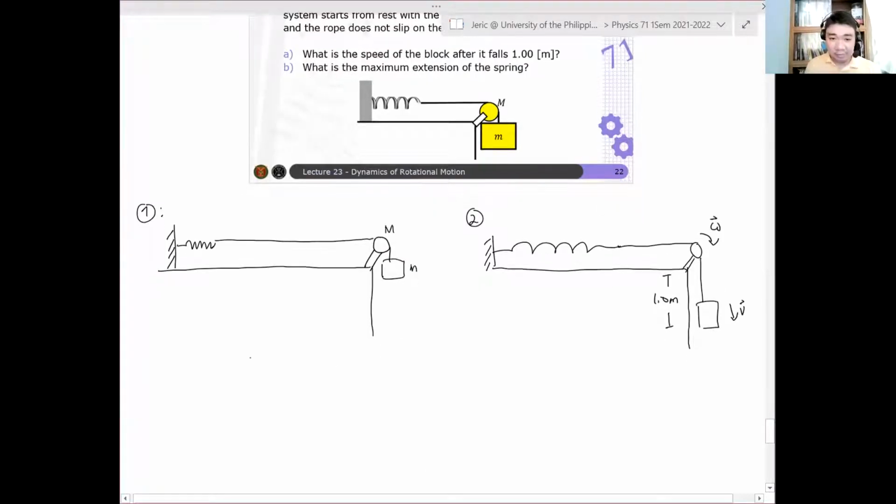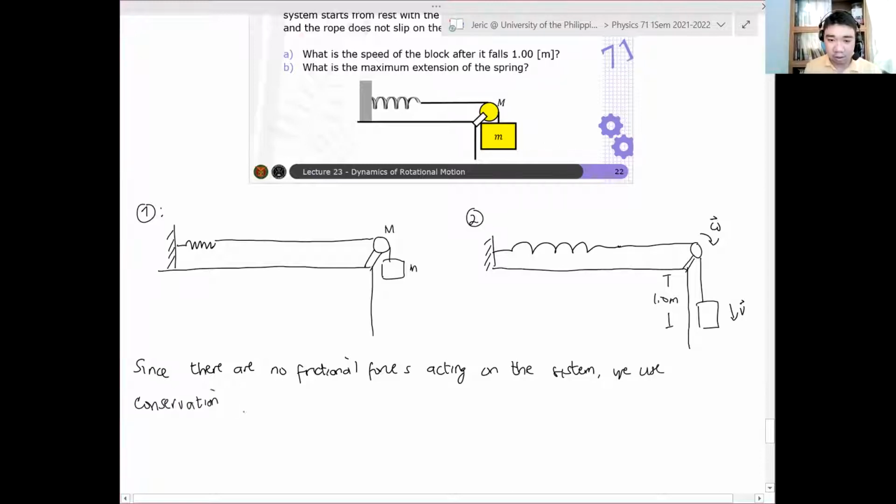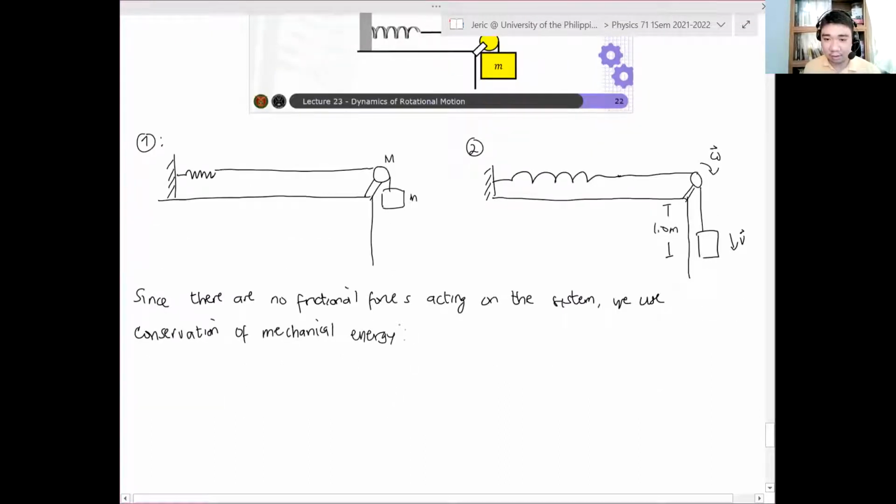So okay, again, since there are no frictional forces acting on the system, we use conservation of mechanical energy. That is E1, the total mechanical energy at state 1, is equal to the total mechanical energy at state 2.